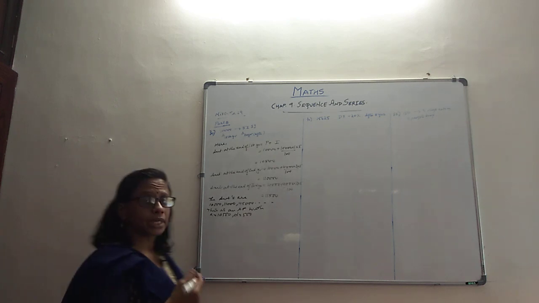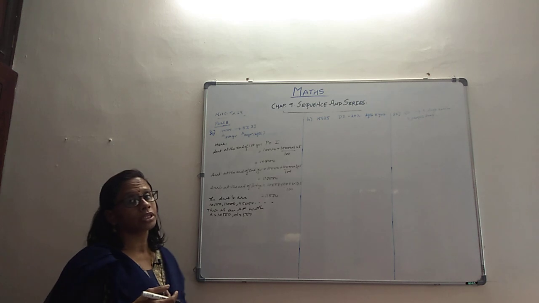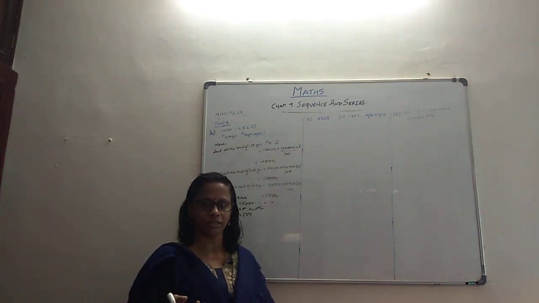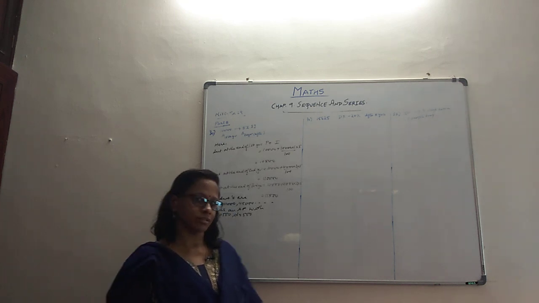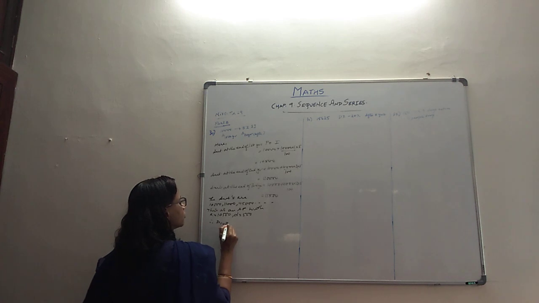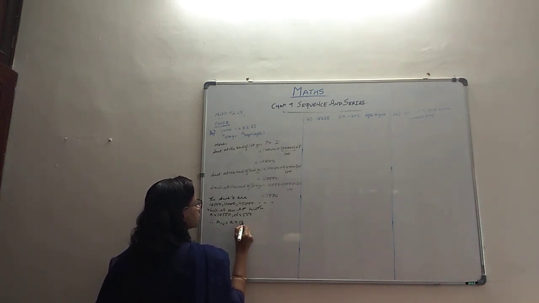Now see, we have to be a little careful about this question. They say that you have to find out the amount at the 15th year. At the 15th year means after the 14th year, right? Amount is always after, so after the 14th year. So let's apply the formula. Amount at the 14th year is going to be A plus N minus 1 D, 13D.